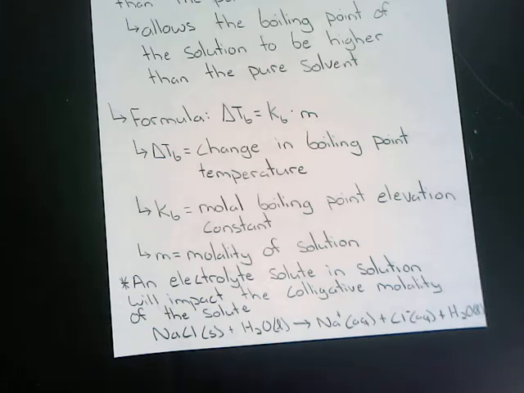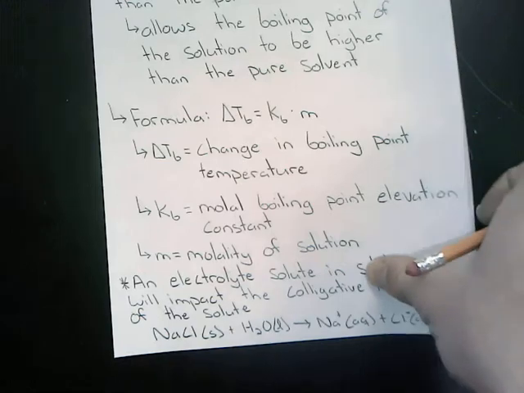Now, before I do an example, I want to shift gears to a very similar concept that goes along with boiling point elevation, and that is the concept of freezing point depression. Freezing point depression occurs because a solution has a lower triple point than the pure solvent.